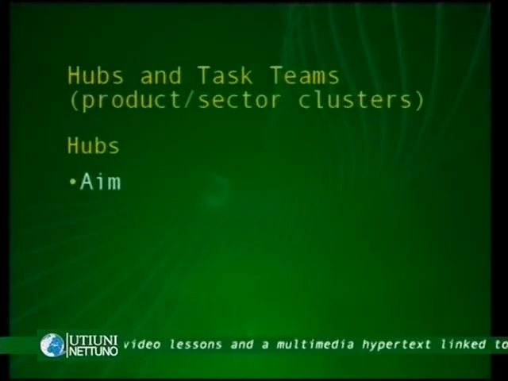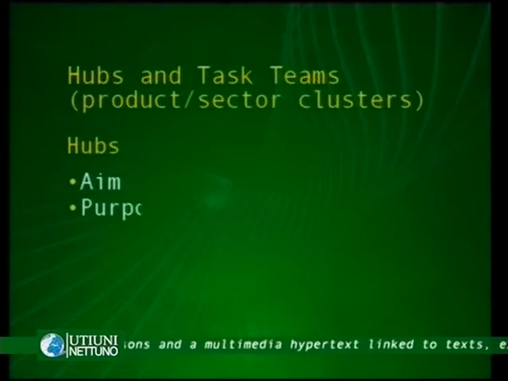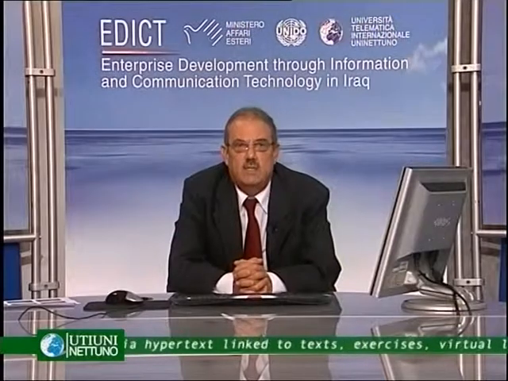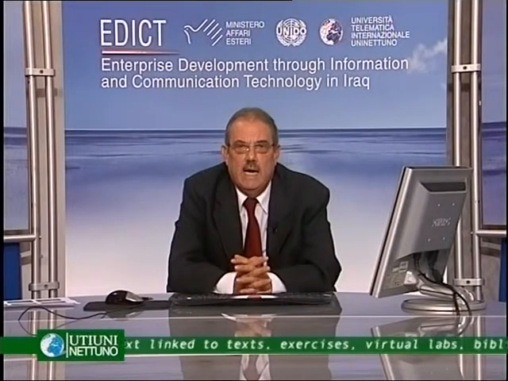As an interest group, the purpose of a hub is to actually get a group of suppliers in a sector to talk to each other. It's interactive and it's interaction between suppliers.